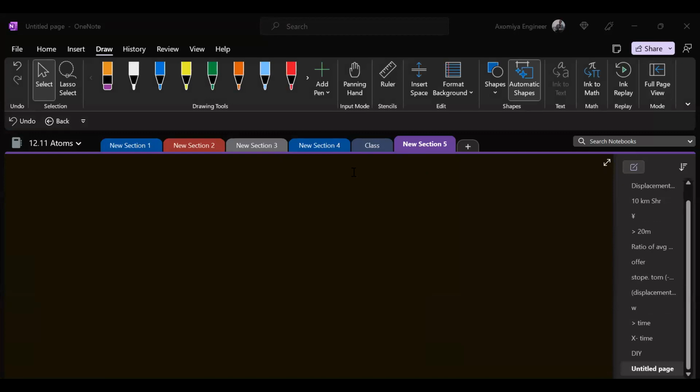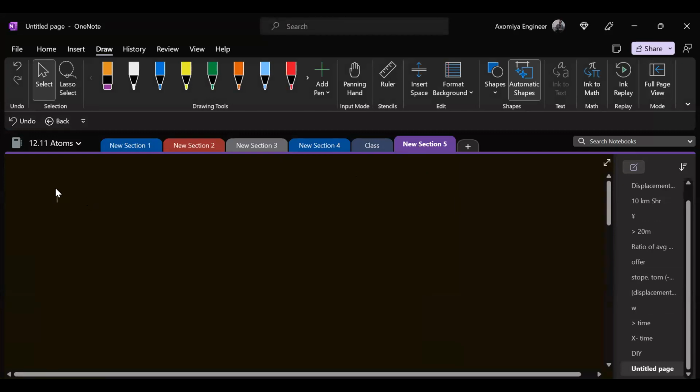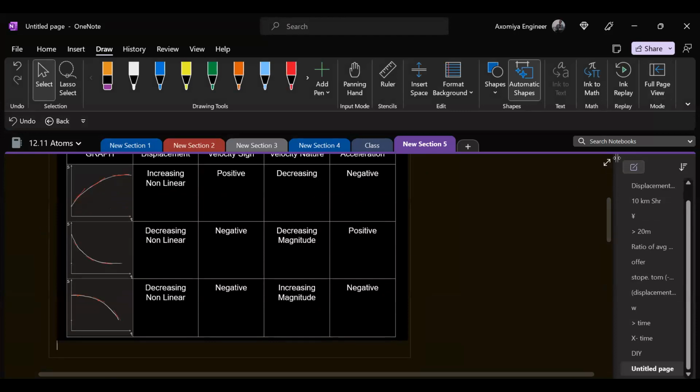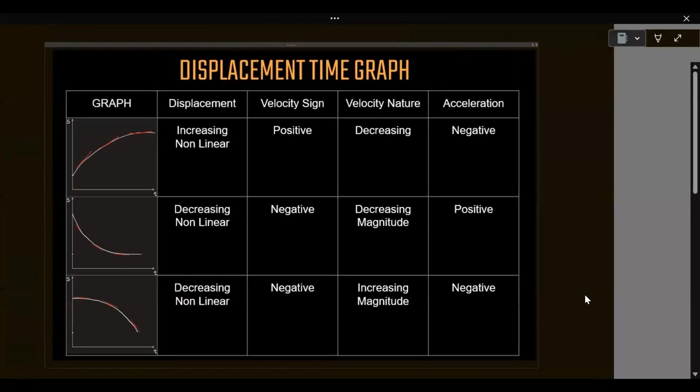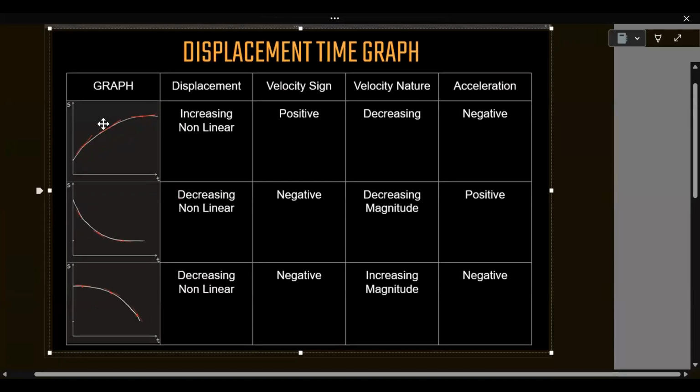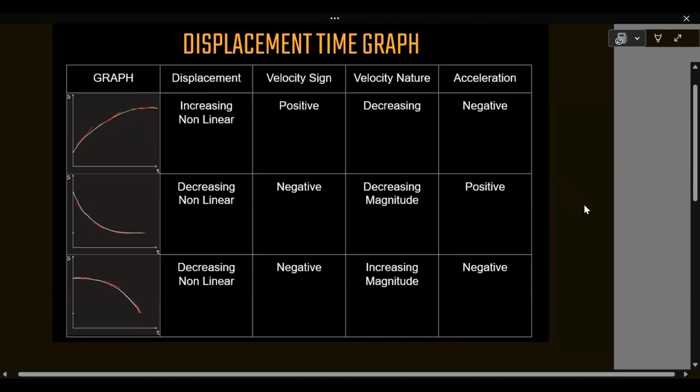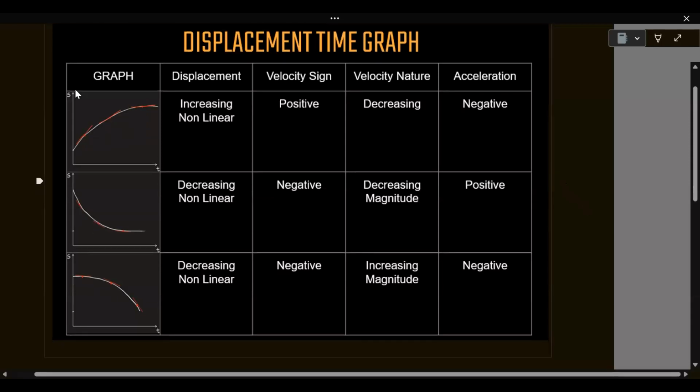There are 6 different possibilities of graphs that usually can come, and just sit through it and don't just memorize it. You'll not be able to memorize the difference between this graph and that graph and remember it for 2 years. You're definitely going to forget if you try to memorize. What you should do is take this graph, do it on your own, and see if these are matching. Like velocity is positive, its nature is decreasing, the acceleration is negative.